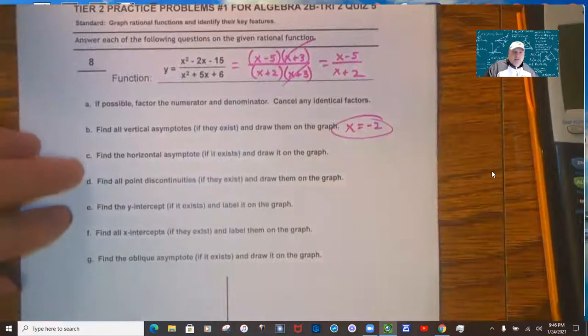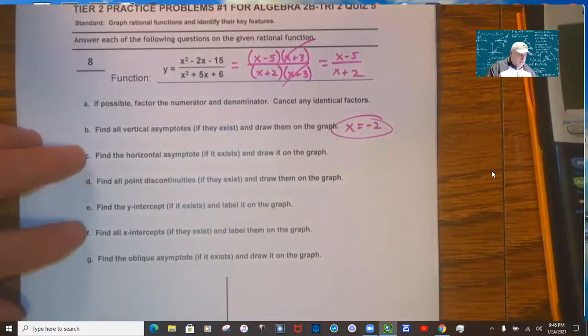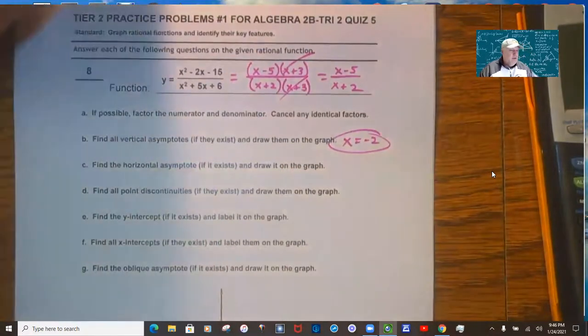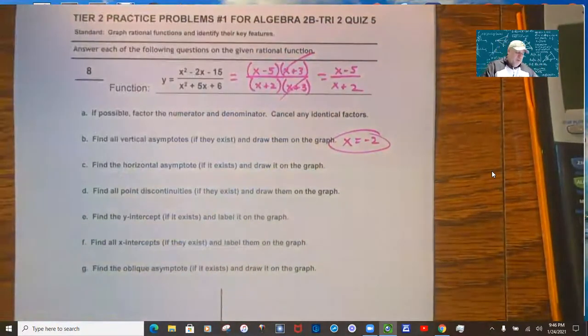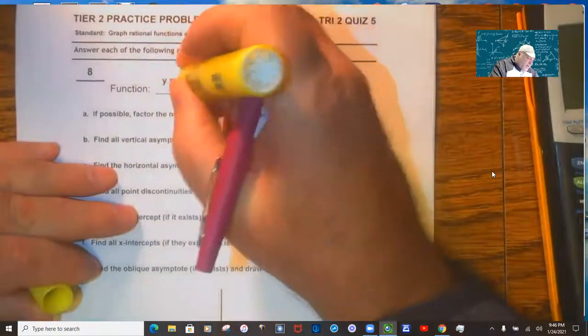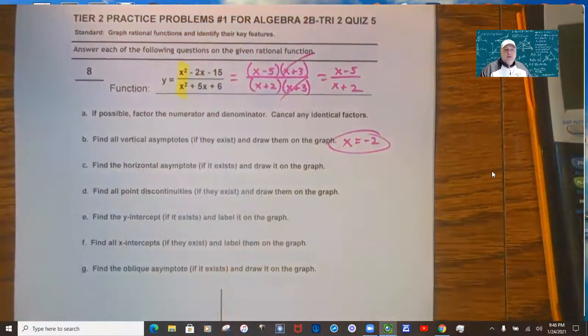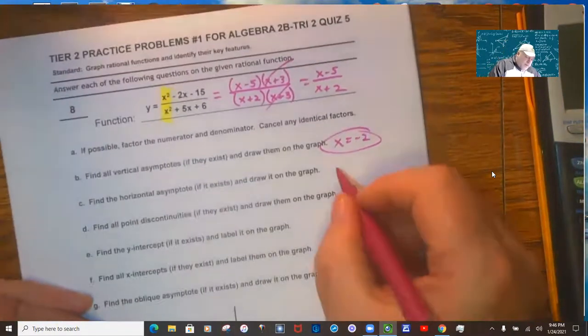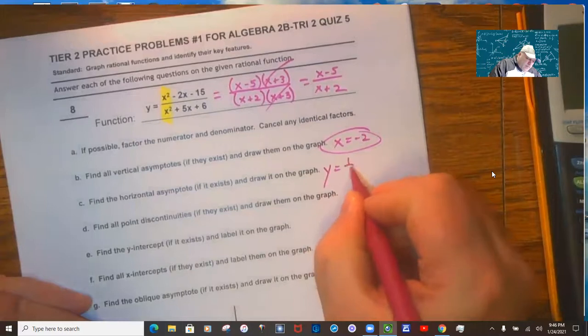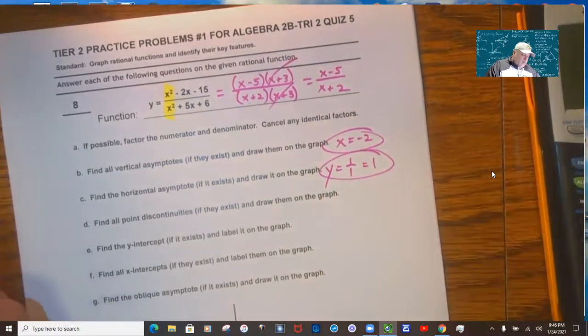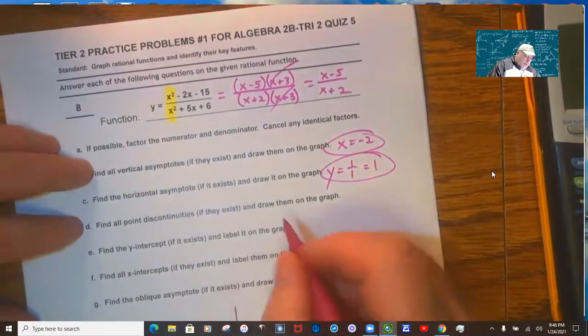Mental work now. Find a horizontal asymptote if it exists. So notice that the highest powered terms right here, they're the same. So now we go back to the ratio of their coefficients. Find any point discontinuities. They're going to exist.